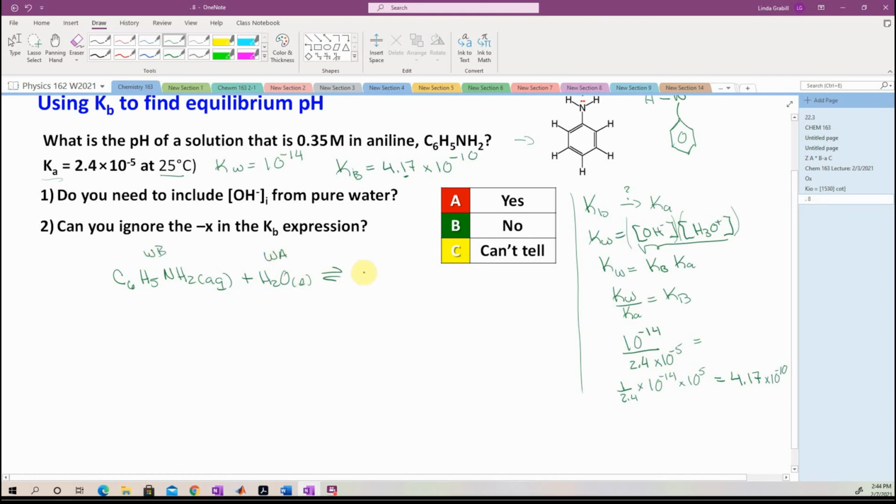So that means I'm going to get OH minus aqueous plus, well, I've given a hydrogen to my weak base, so that gives me my C6H5NH3 plus aqueous. This is now my weak acid. And this OH minus is actually acting as a weak base, even though it is part of our strong bases.